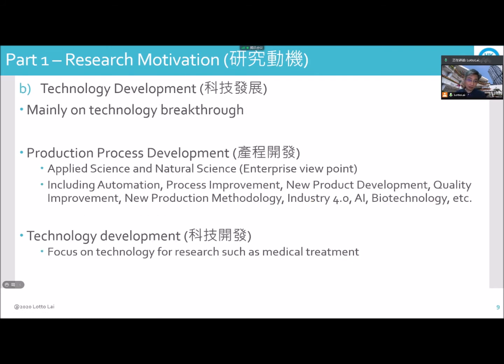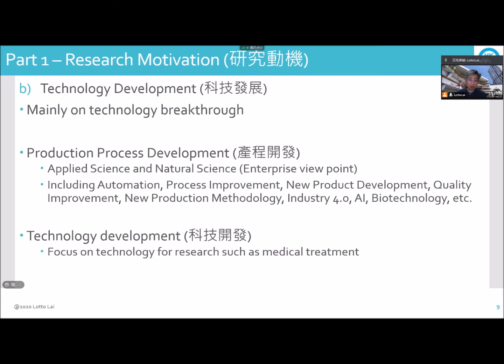Second is technology development, meaning technology breakthrough and production or processing development. For example, it is related to applied science and natural science from an empirical or enterprise point of view, including automation, process improvement, new product development, quality improvement, new production methodology, Industry 4.0, AI, and biotechnology.